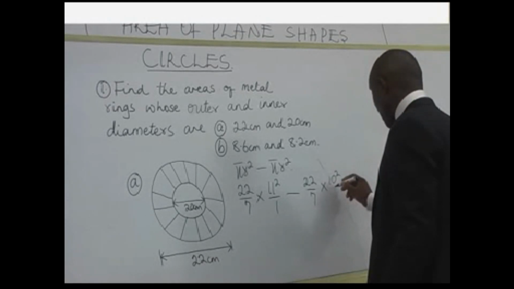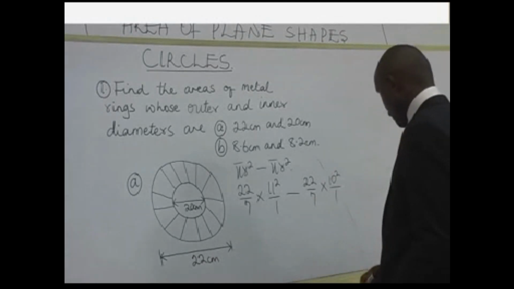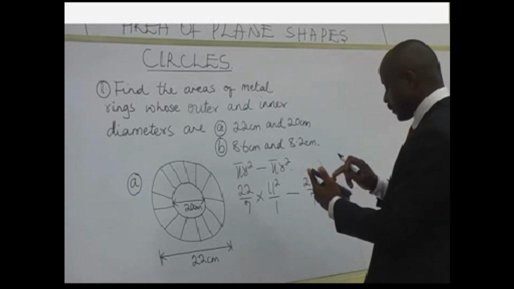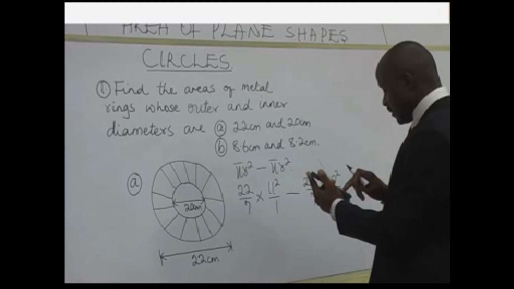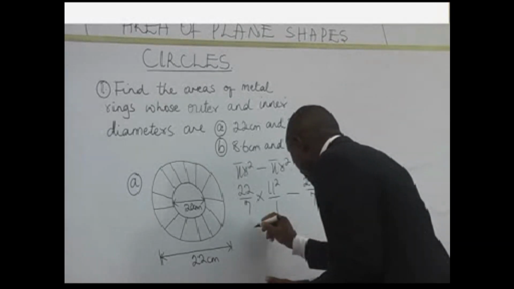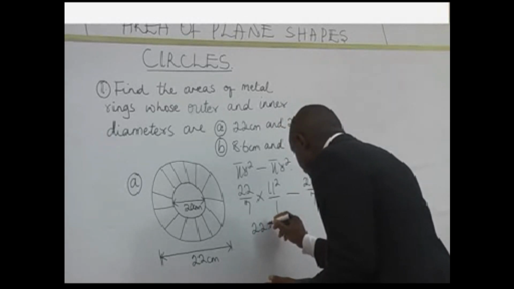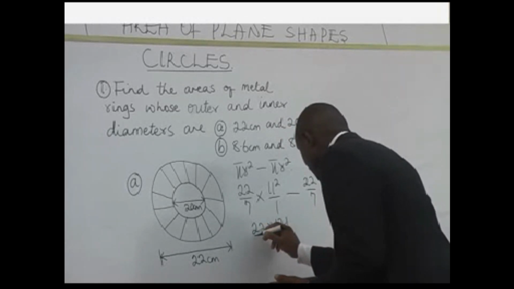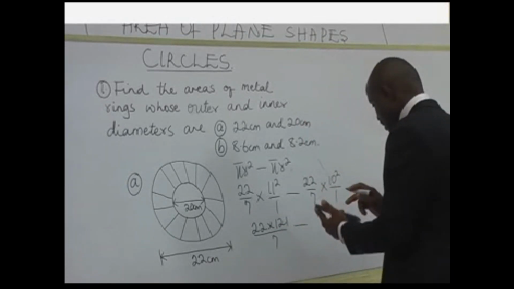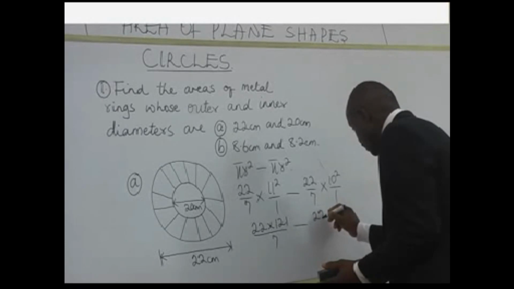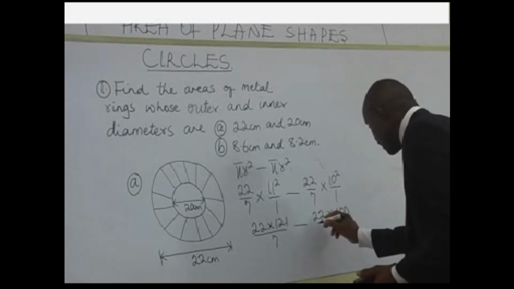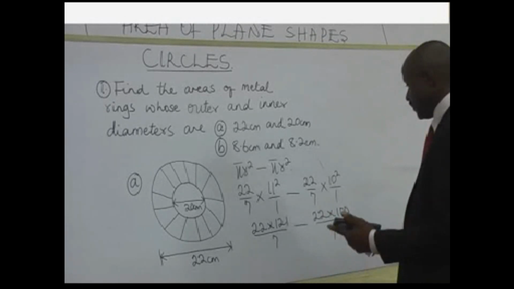So we have 10 squared all over 1. 11 squared is 121. 11 times 11 is 121. Correct. So we have 22 times 121 divided by 7 minus 22 times 100 all over 7.